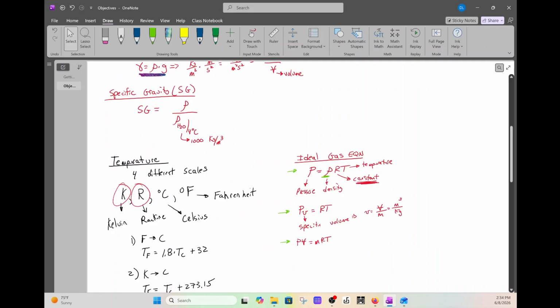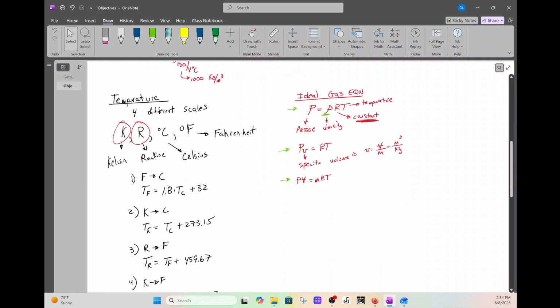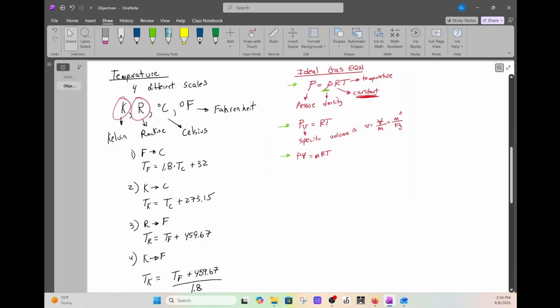Specific gravity, which is the density of your substance divided by the density of water at 4 degrees C. We have 4 different temperature scales. 2 are absolute that are used in the equations: Kelvin, Rankine. Then you also have degree Celsius and degree Fahrenheit.